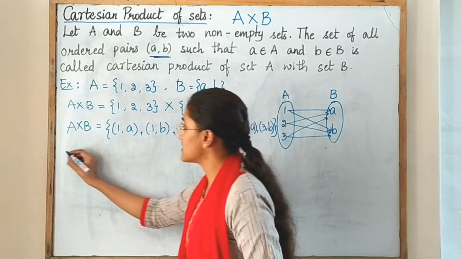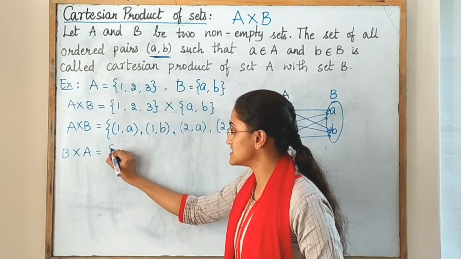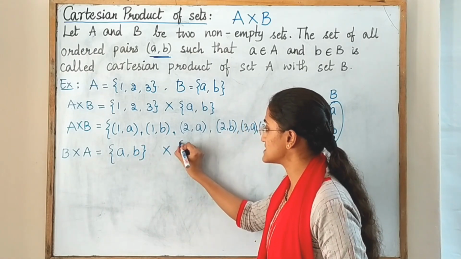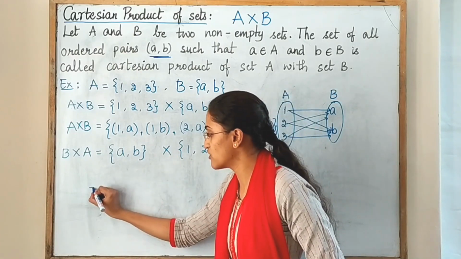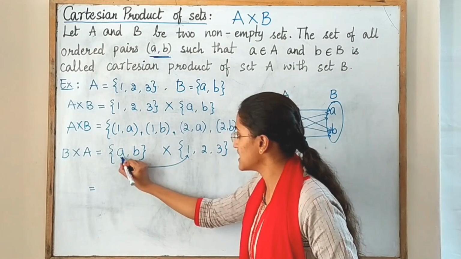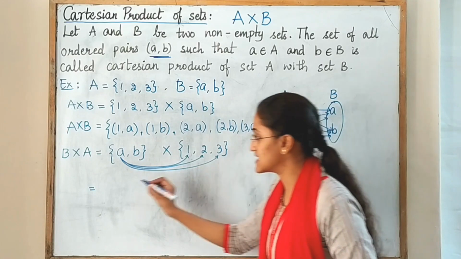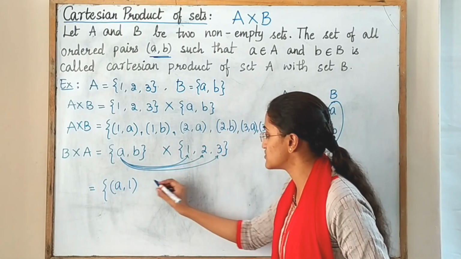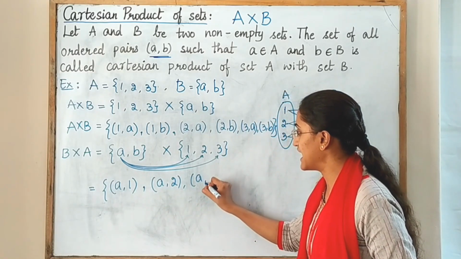Now, if I am taking the reverse order, that is B cross A, try to find the Cartesian product. The set B is {a, b} cross the set A, {1, 2, 3}. Try it without the arrow diagram. Start with the first element of B. Go on connecting the first element to every element of the second set, that is A. Hence you get the ordered pairs as (a, 1), the first one, the second connection (a, 2), the third (a, 3).